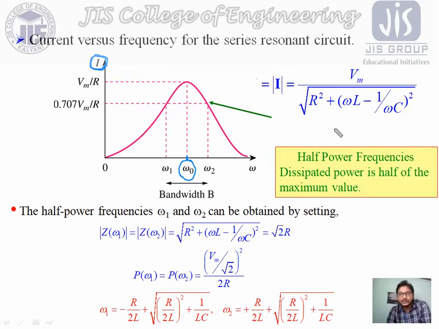This is I equals V by Z, where Z is R plus jXL, that is R plus j into omega L minus 1 by omega C. The square and root come because if a term is in the form a plus jb, and we take the mod, it will be root over of a square plus b square.